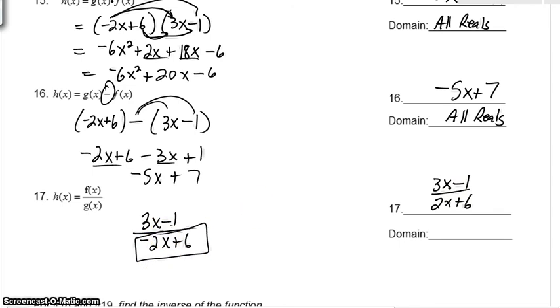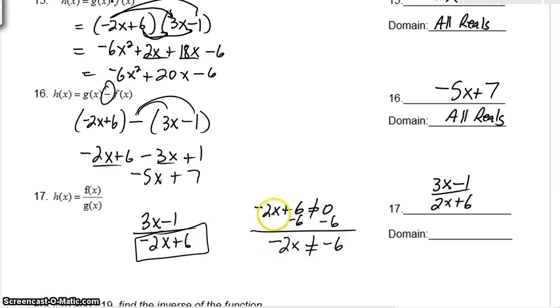But for domain, for the first time we have a fraction. And negative 2x plus 6, we don't want that to equal 0. If what I put a box around became 0, we'd divide by 0, and that would violate a rule of arithmetic. If we type that into the calculator, dividing by 0, the calculator says you can't do that. You get an error message.